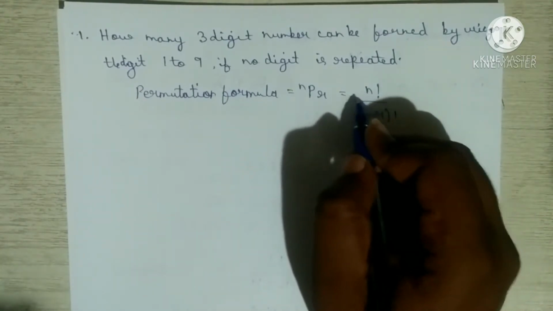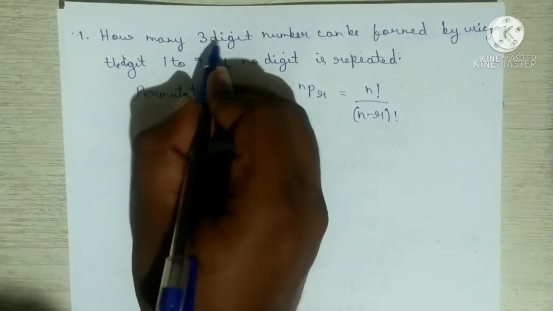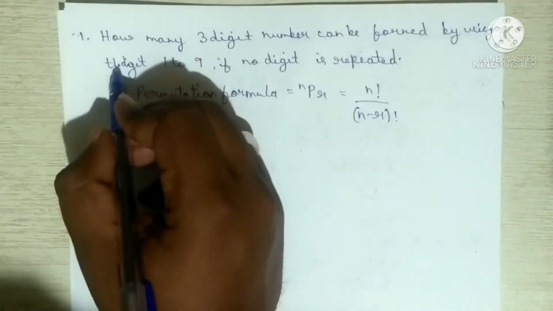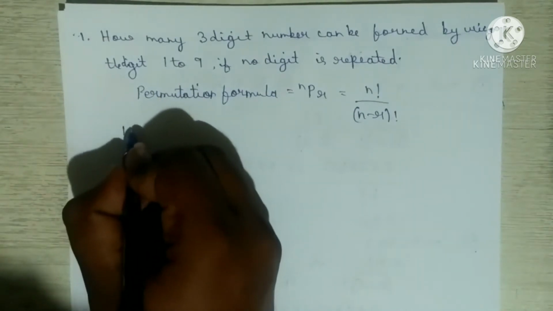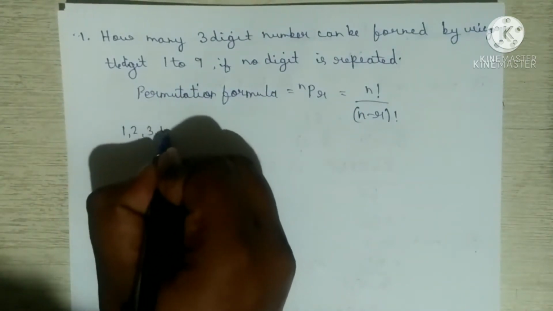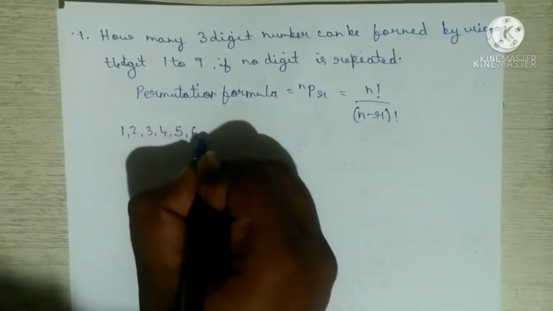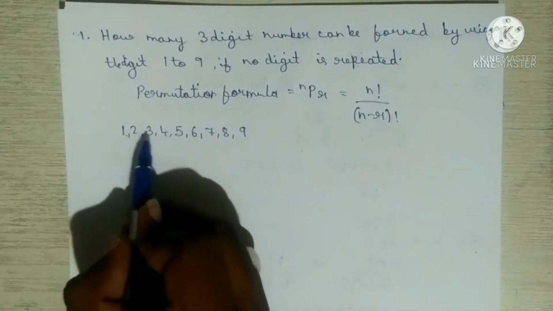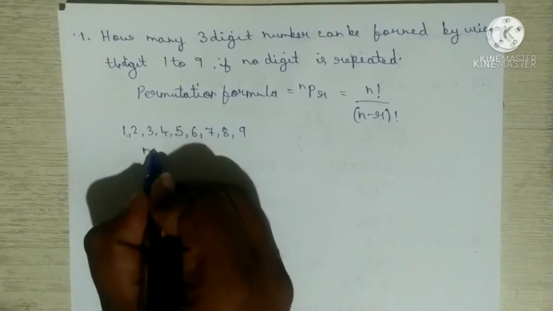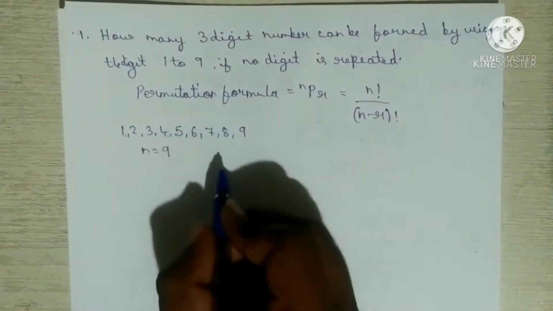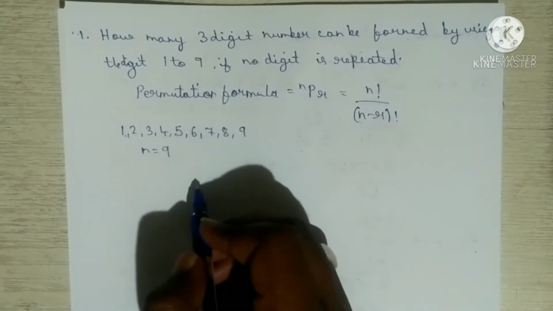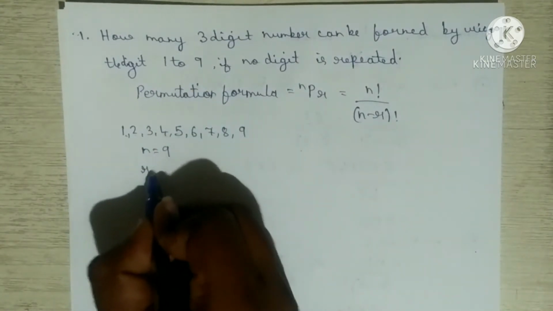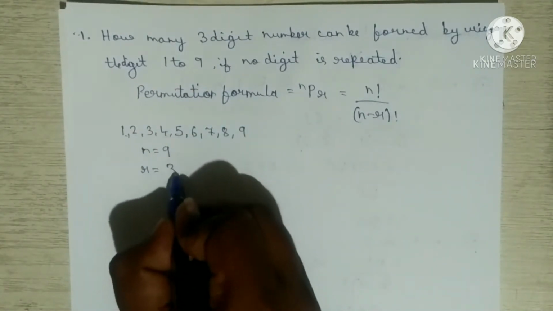We need to find 3-digit numbers from the digits 1, 2, 3, 4, 5, 6, 7, 8, 9. n is equal to 9, the total number of objects is 9. We need to find 3-digit numbers, where r is equal to 3.